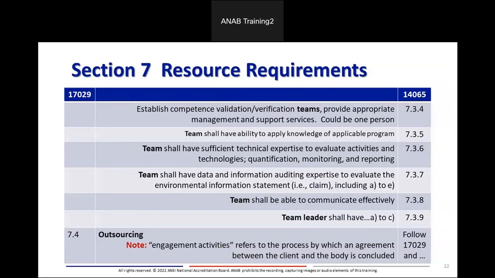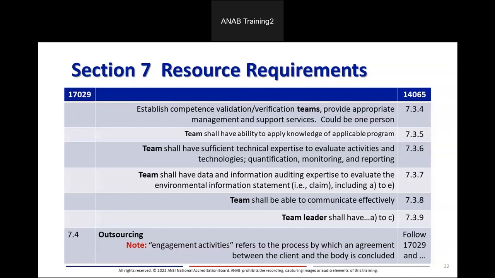These requirements all focus on the verification validation team and cover topics from establishing competent teams to providing appropriate management and support services, to the team having the ability to apply detailed knowledge and sufficient technical expertise to evaluate activities and technologies, and have the data and information auditing experience to evaluate the environmental information statement or claim. Additionally, the team shall be able to communicate effectively.